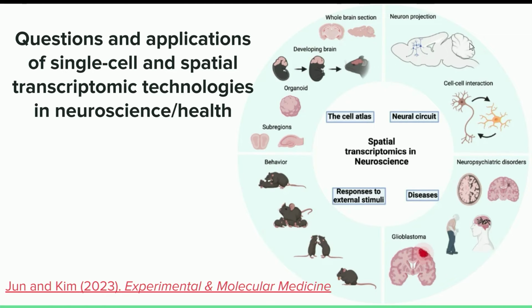People are thinking about this in terms of neuronal projections. What is the spatial transcriptomics in the same brain region or in a different brain region where neurons are projected into?